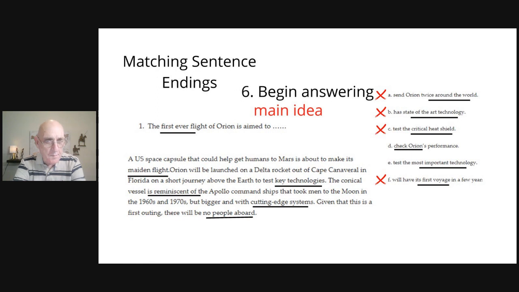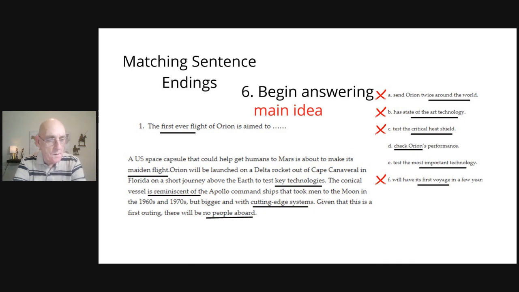So just by eliminating a couple more, by seeing that they don't match the main idea, that idea isn't even included in our text, now we're down to 2 options. So it's just simply a matter of choosing the best between the 2.